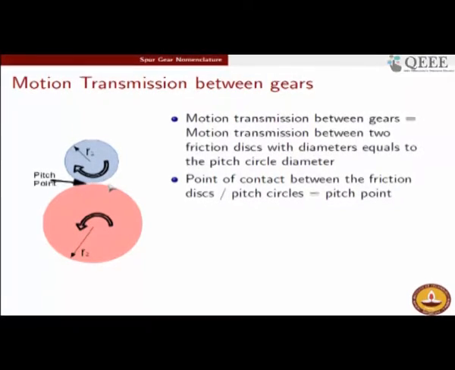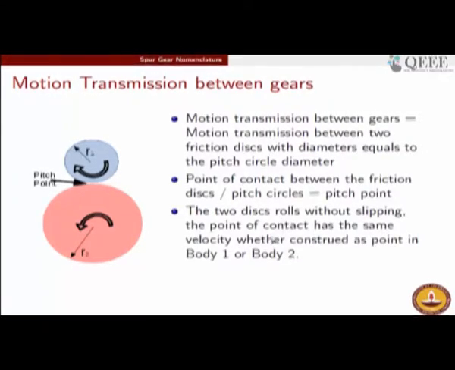It cannot be a surface contact, it can be only a point contact in the front view. In three dimensions, it is obviously a line contact, but in either case it is a higher pair of mechanisms. So, there has to be only a point contact in the front view, as is depicted in this illustration. This point contact between the two friction discs, or equivalently the pitch circles, is called the pitch point.